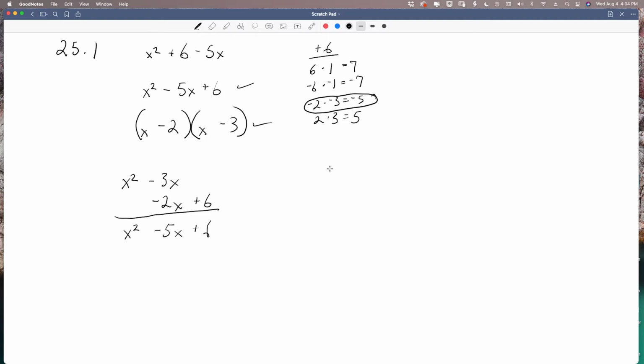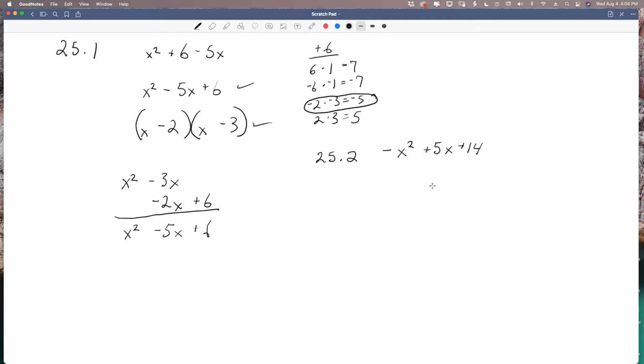All right, let's do 25.2. Just to submit this practice. We have negative x squared plus 5x plus 14. Sorry, it's not a minus.